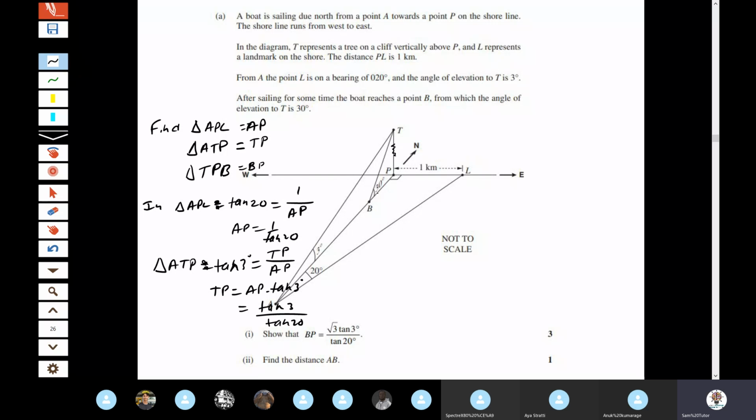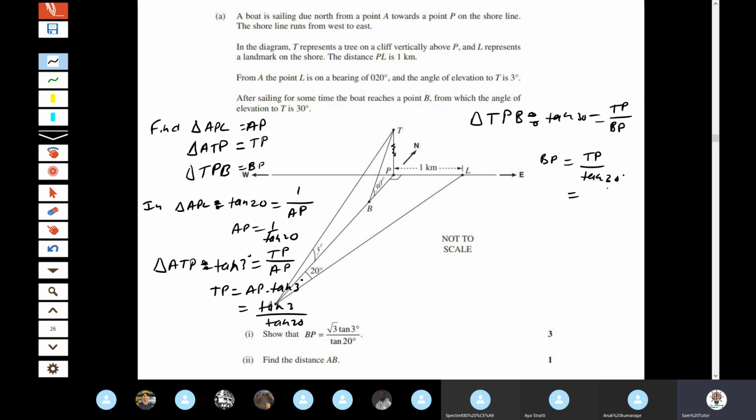Then, of course, you do it again for triangle TPB. Tan 30 equals opposite over adjacent, and we're almost there. TP on BP, and therefore BP is equal to TP on tan 30, but TP is tan 3 on tan 20.